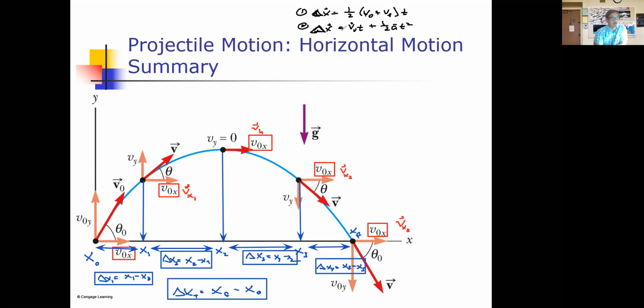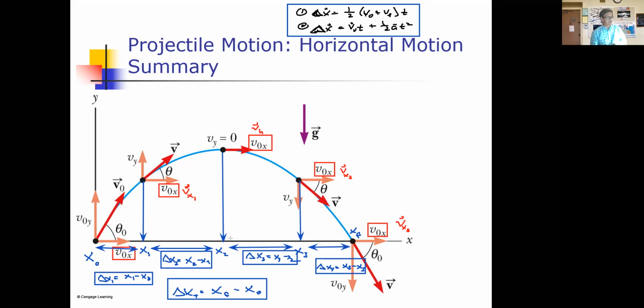For the second one, if we know the initial velocity, the acceleration, and the time, we can get the displacement. So these two kinematic equations give us the opportunity to solve for delta x, the displacement, if we have not yet marked out these positions.